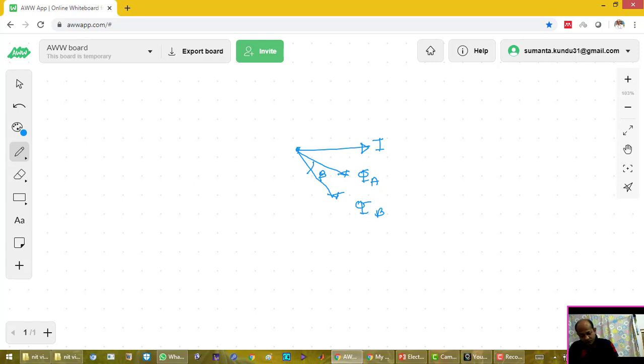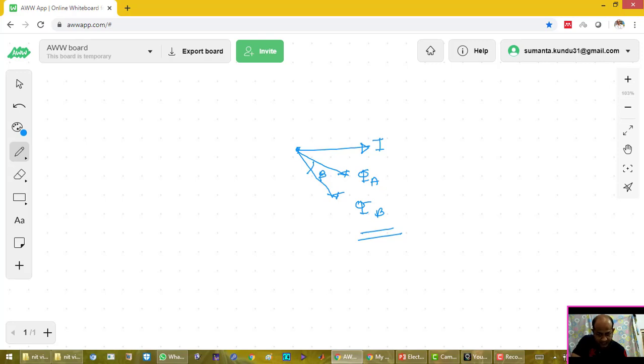So the flux produced due to the more air gap leads the flux produced due to the lesser air gap, right? So this is what we have seen.